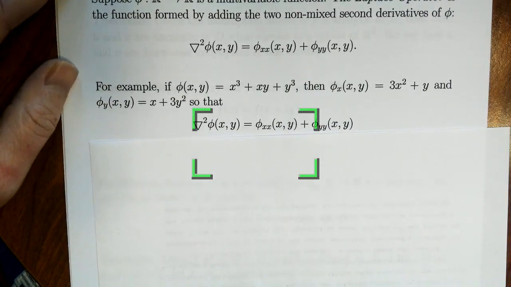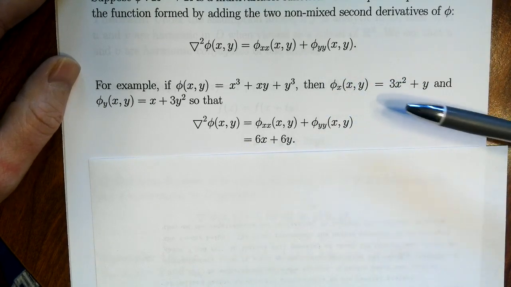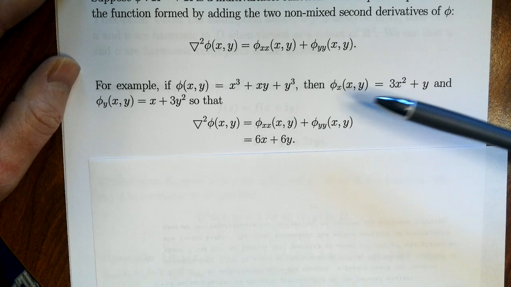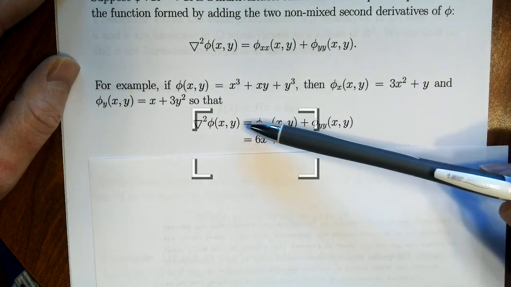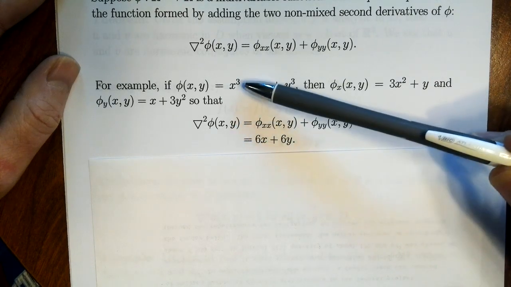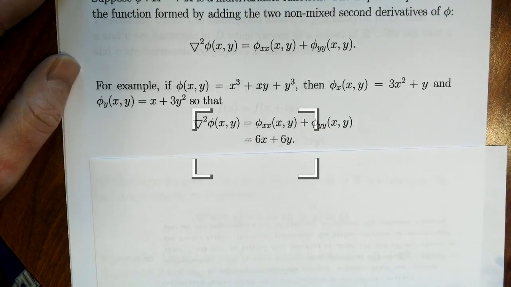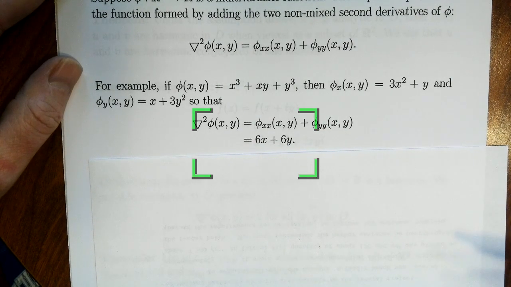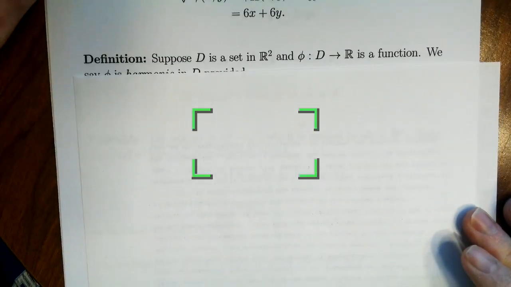If we took the partials again, the second partial of phi with respect to x would be 6x, and with respect to y would be 6y. So the Laplace operator of phi of x, y is equal to 6x plus 6y. So the Laplace operator is a fancy second derivative of sorts for a multivariable function.